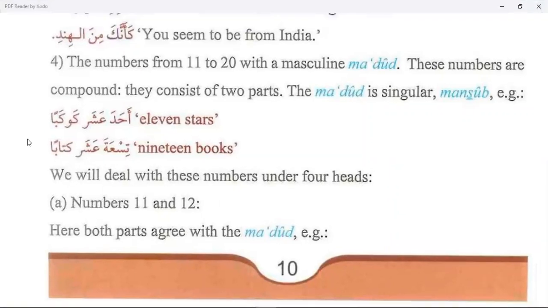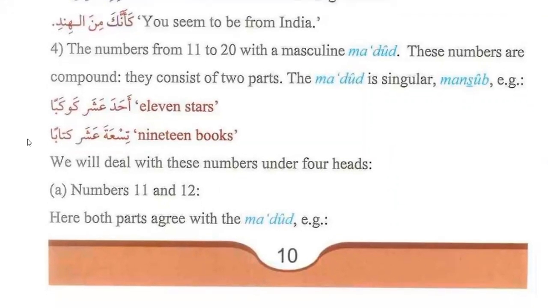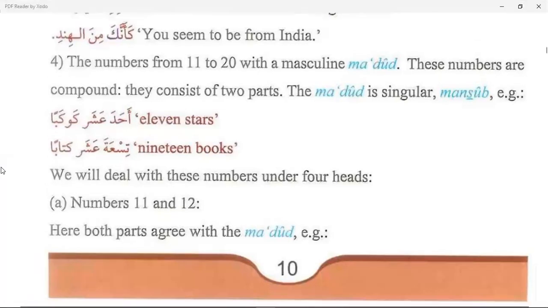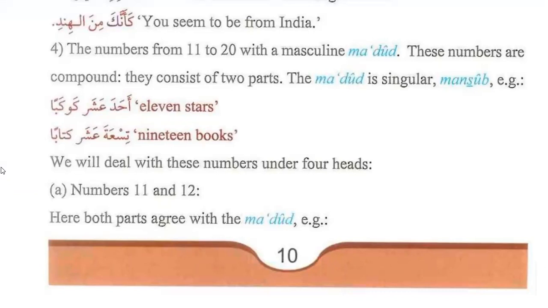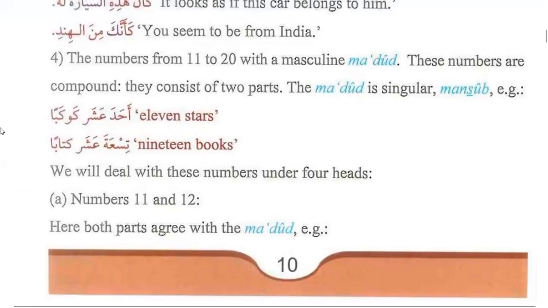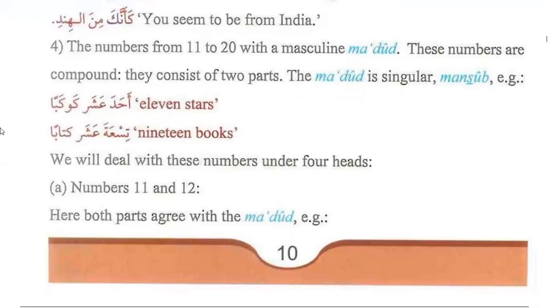Miss Khatija, from where are we? The numbers from 11 to 20 with a masculine madud.